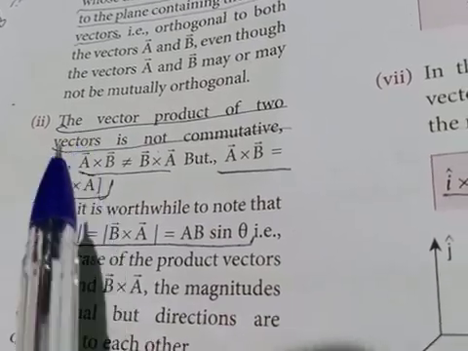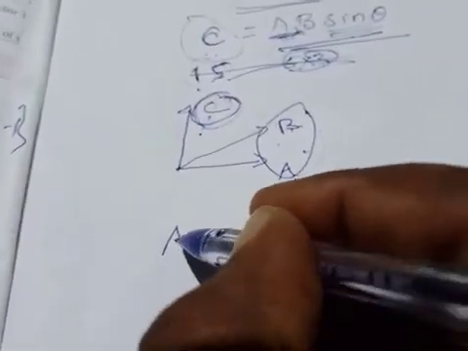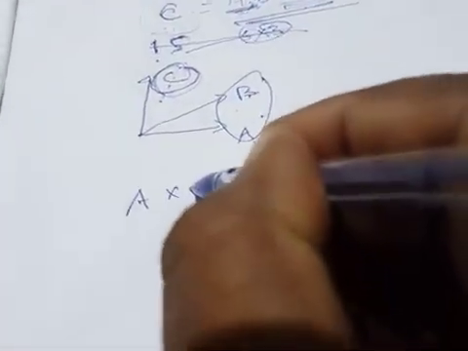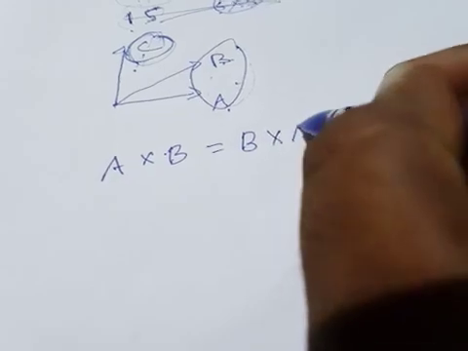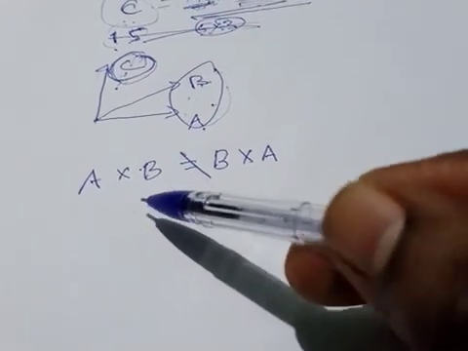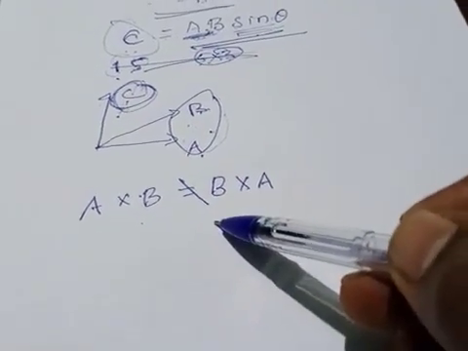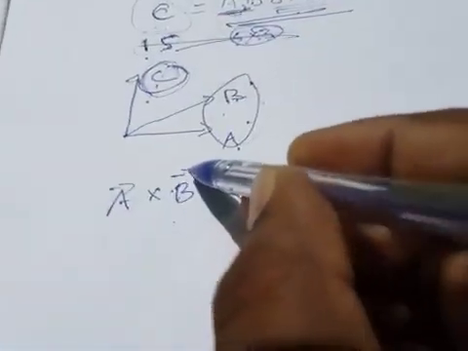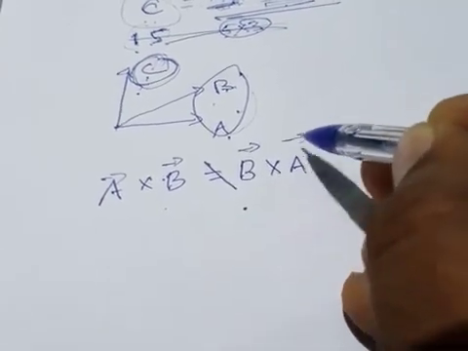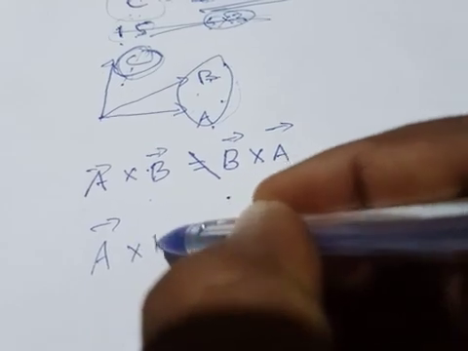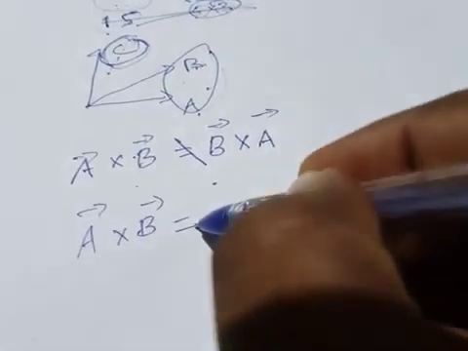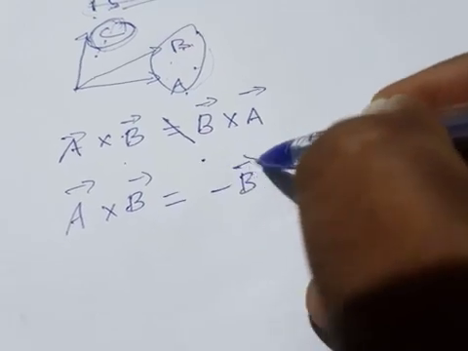We know that commutative property means A cross B is equal to B cross A. In the scalar product you have learned the dot product is commutative: A dot B is equal to B dot A. But here, A cross B is not equal to B cross A. You have to mention the vector symbol above them, but you can write A cross B is equal to minus B cross A.